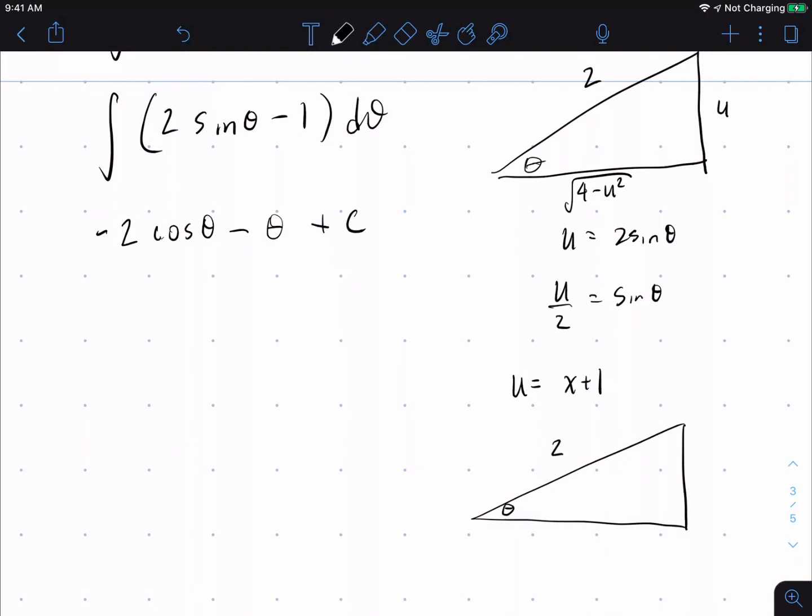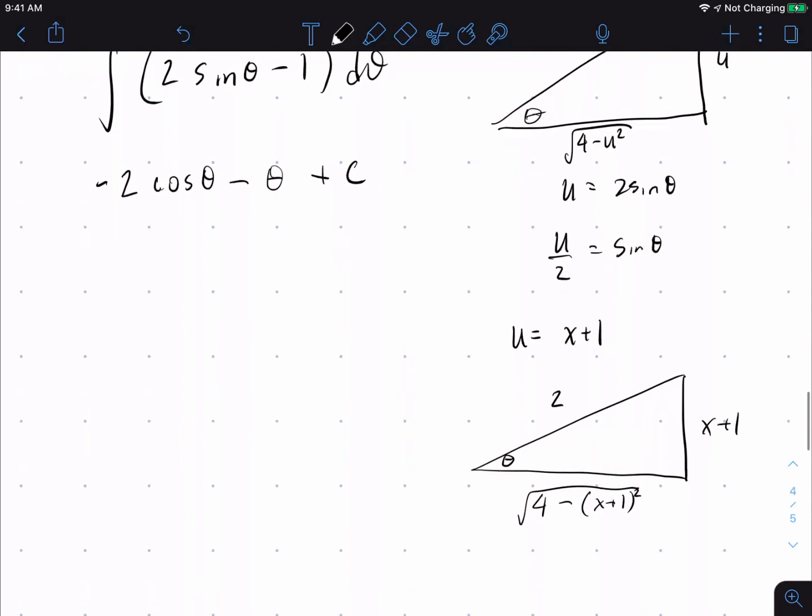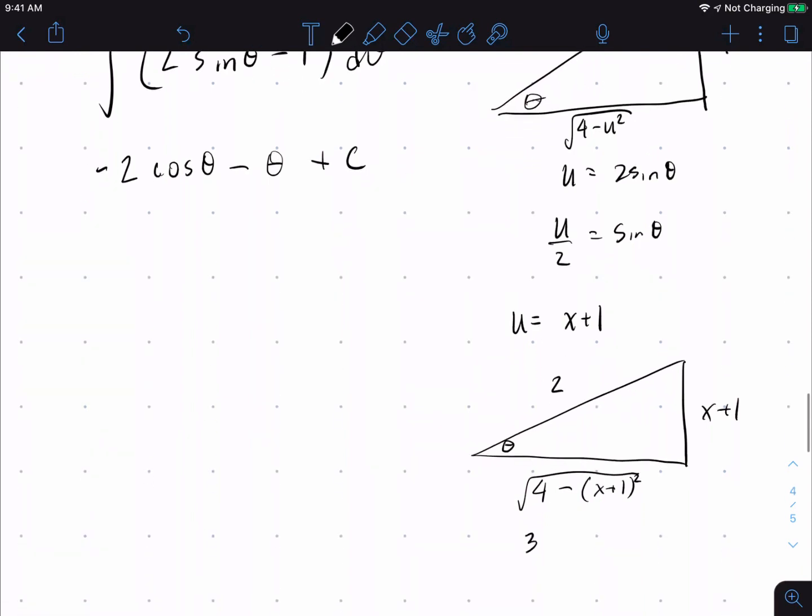So I'm going to have 2, x plus 1, 4 minus x plus 1 squared. But guess what this square root is down below? When I simplify that, it's going to be 3 minus 2x minus x squared. See how we're going back to our original problem?